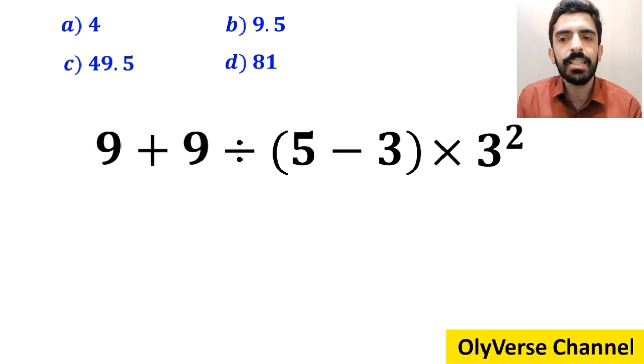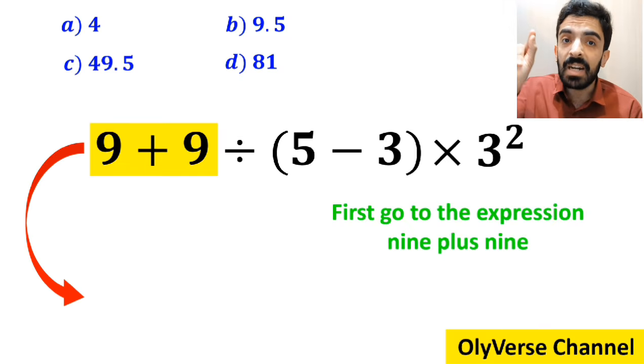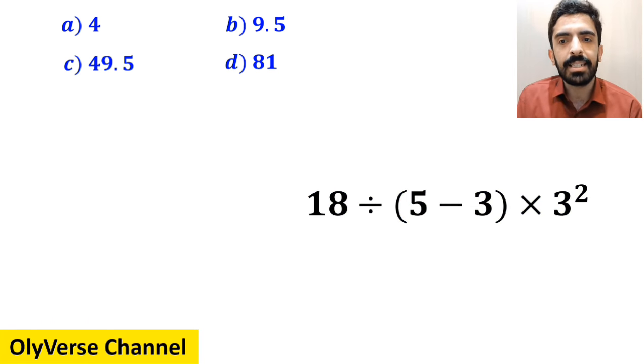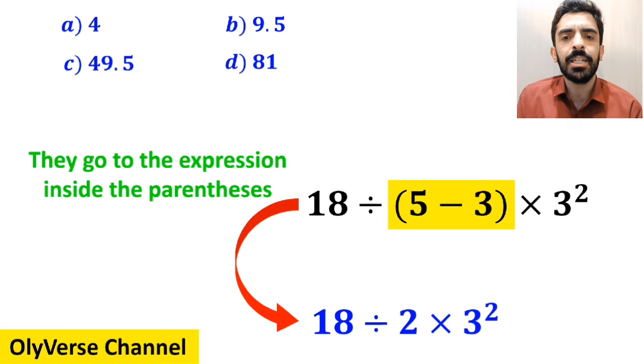Many people, to solve this question, first go to the expression 9 + 9, and instead of this expression, they write 18 ÷ (5 - 3) × 3^2. In the next step, they go for the expression inside the parentheses and simplify it to 18 ÷ 2 × 3^2.